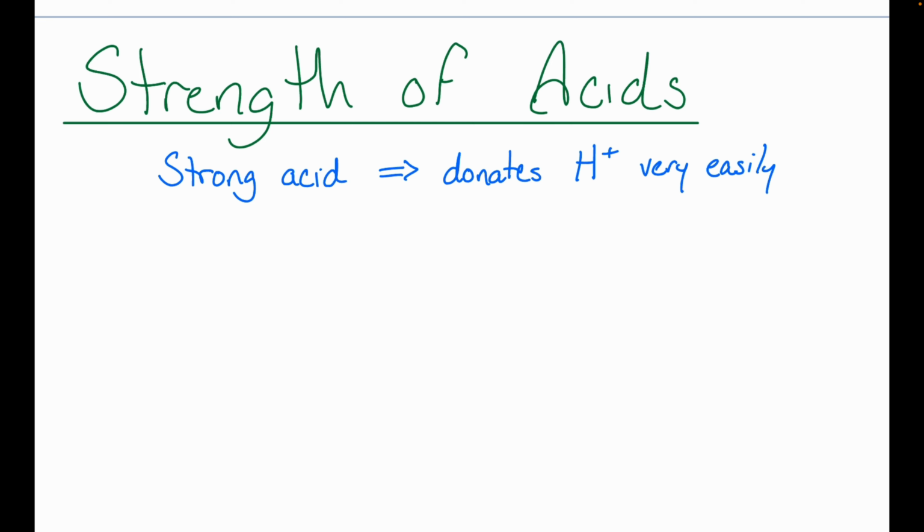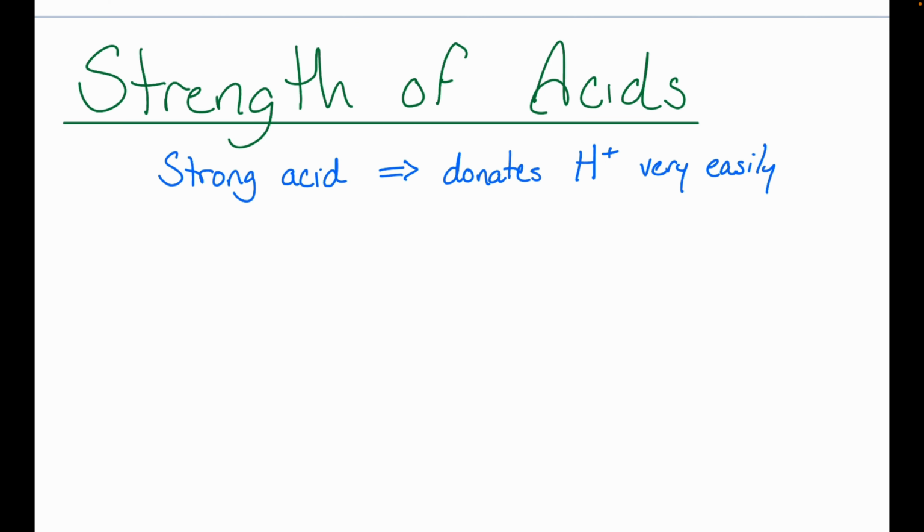In fact, donate is probably a little bit too nice of a word because it sounds like, oh, here you go, have my proton. A really strong acid is forcing that proton on anything around it, right? So HCl, for example, is so dangerous because that hydrochloric acid is going to put that proton anywhere it can find a place for it. It's going to force it upon something else.